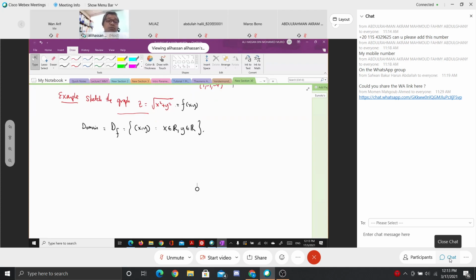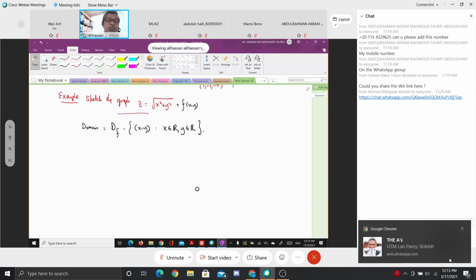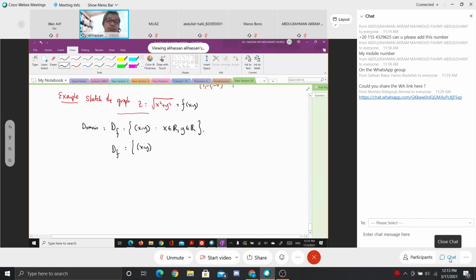Sometimes there's a tendency to write in this form: x squared plus y squared greater than or equal to 0, because the square root is defined only for non-negative real numbers.